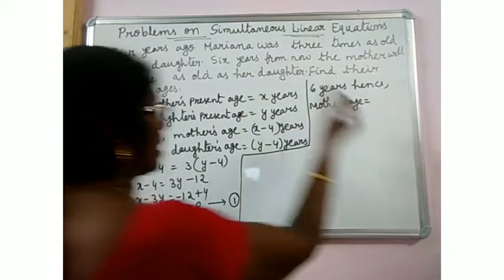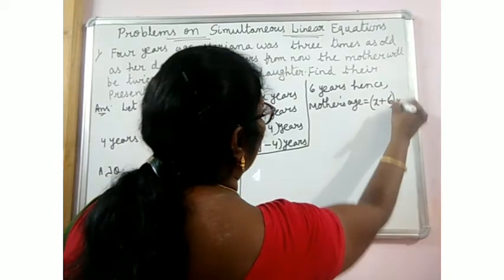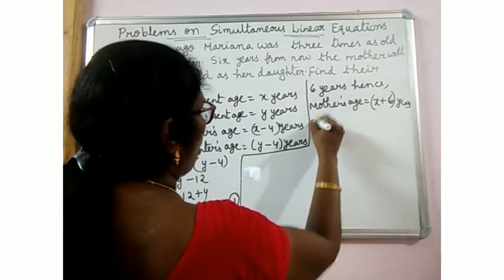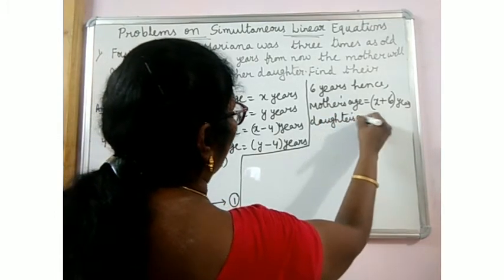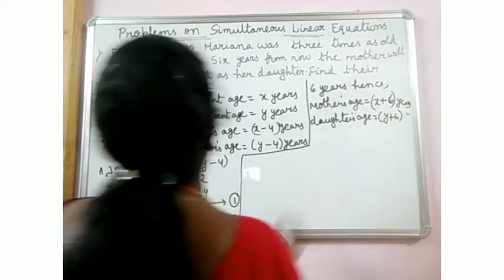If present age is X years, after 6 years mother's age will be X plus 6 years, and daughter's age will be Y plus 6 years.